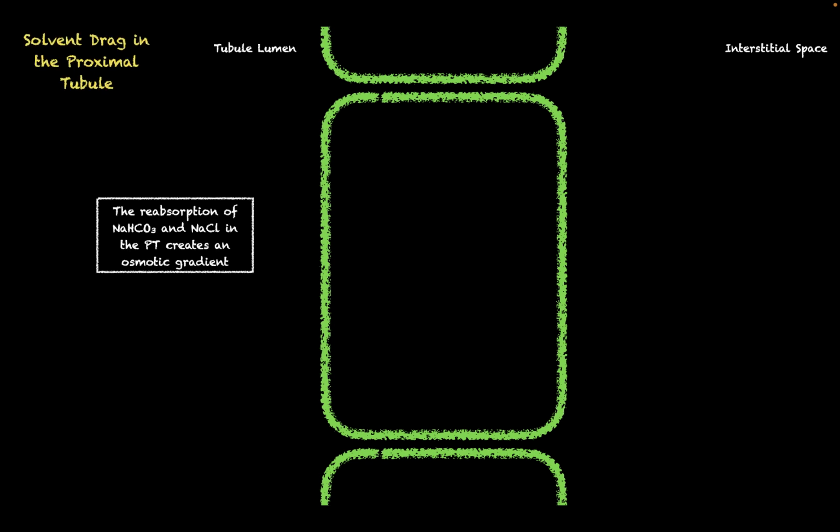So the last mechanism in how sodium and chloride are reabsorbed is something called solvent drag. Because of the reabsorption of both sodium bicarbonate and sodium chloride, this is going to create an osmotic gradient. And this osmotic gradient is going to favor the movement of water from the tubule lumen into the interstitial space. This occurs by water moving through the paracellular route, in between the adjacent cells.